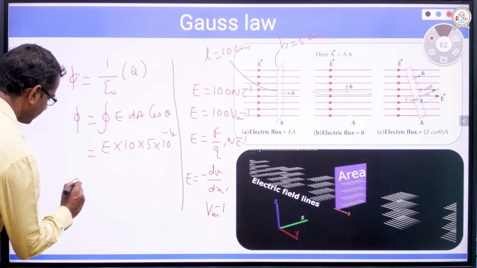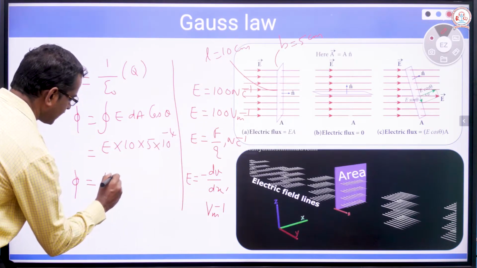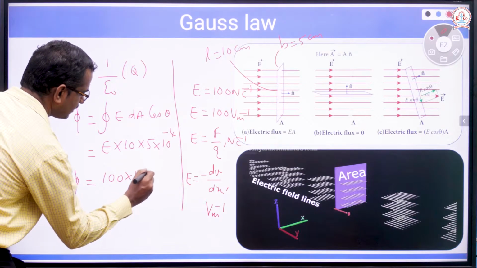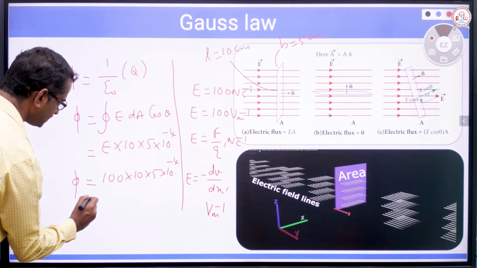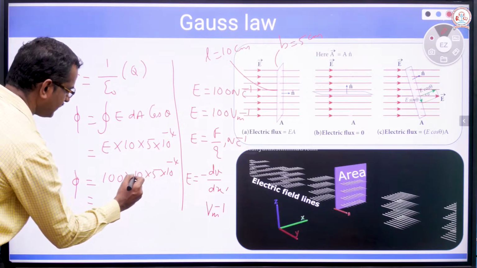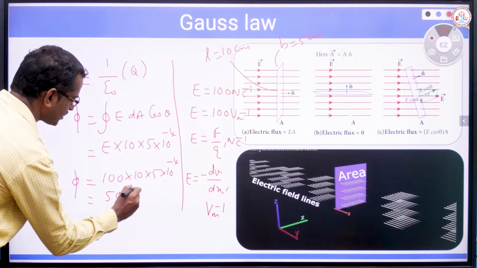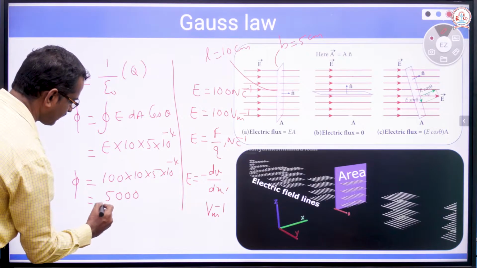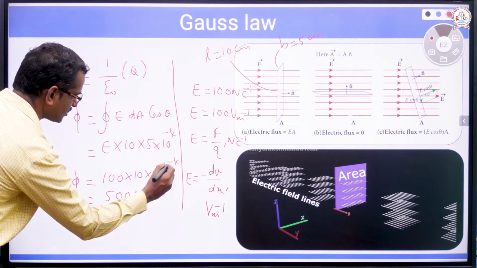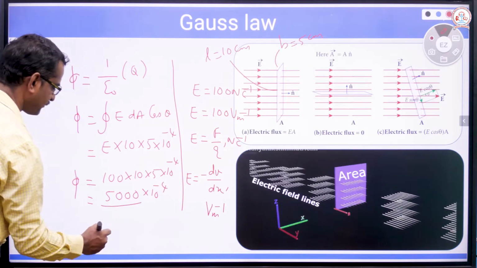Then electric flux phi is equal to E value, which is 100, therefore 100 into 10 into 5 into 10 power minus 4. 10 into 5 is 50, and you get 5000 into 10 power minus 4.